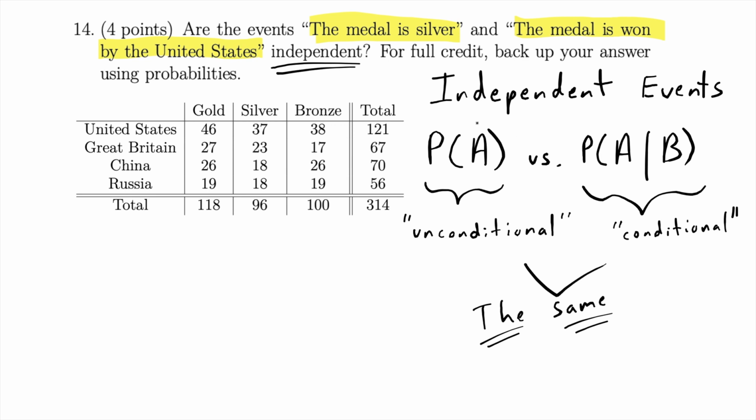So what we need to do is find two probabilities that look like this, and you could choose either event you want to be your A and your B. It doesn't matter. I'm not going to do it both ways. I'm just going to pick one.